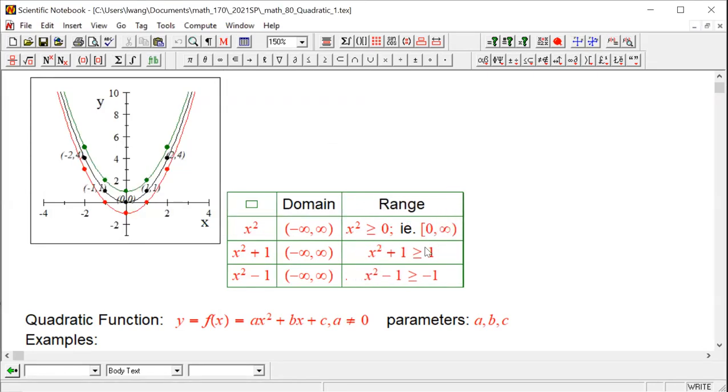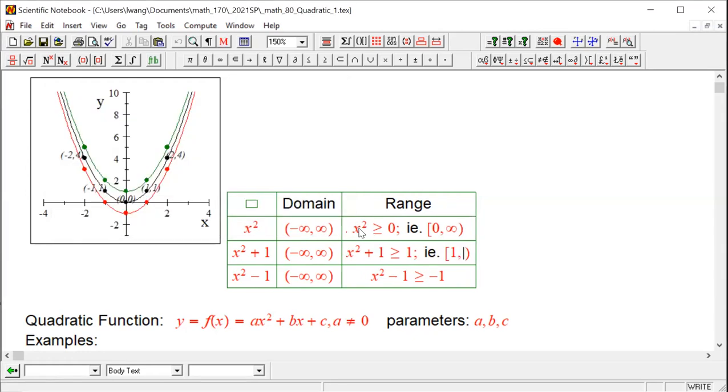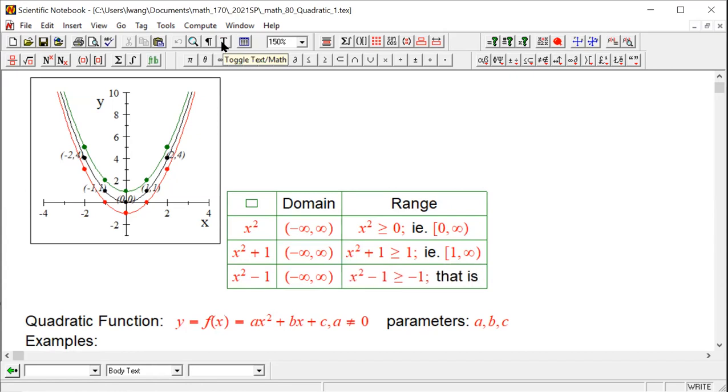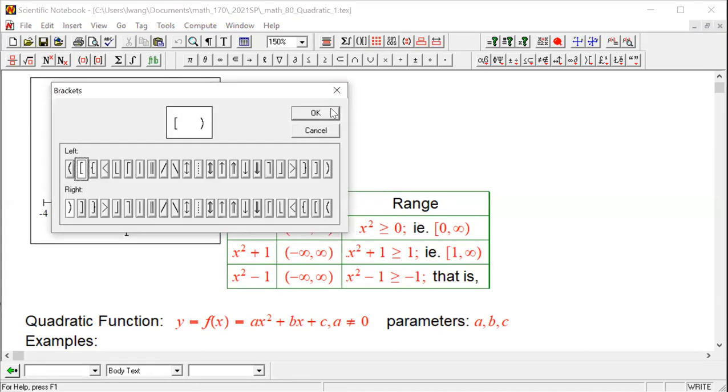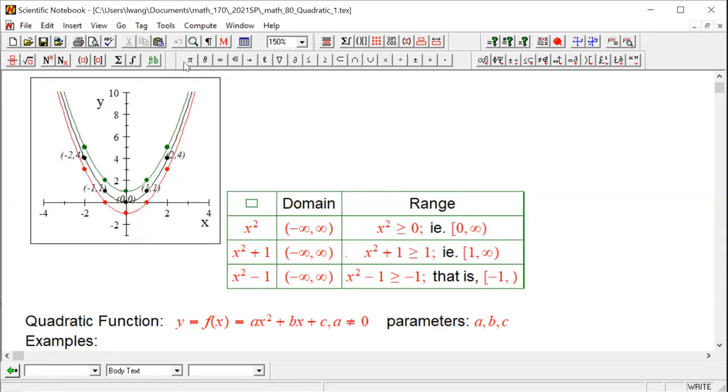And the next one, that's going to be from 1 to infinity. And the last one, that is from negative 1 to infinity. So these are the domain and range for these circumstances.